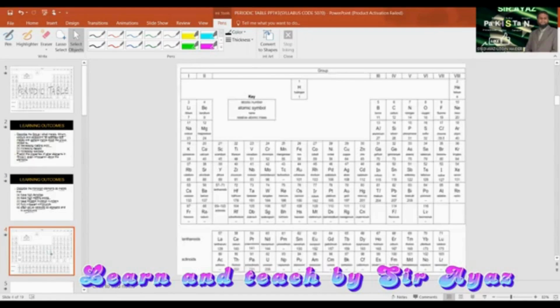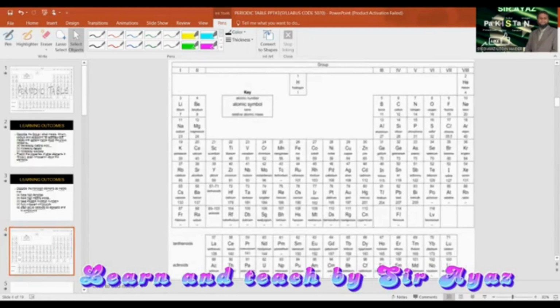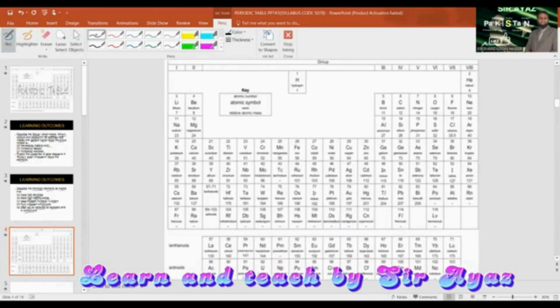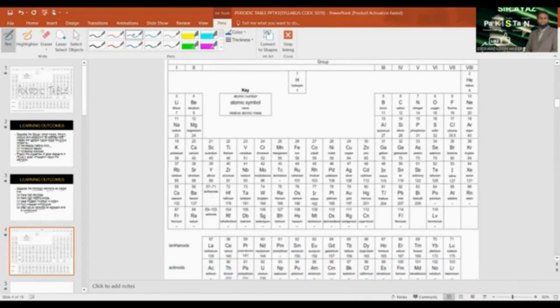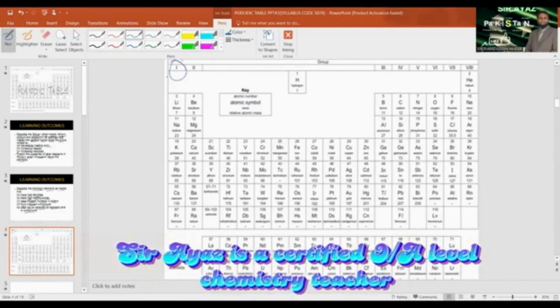So here's the periodic table. On the left hand side of the periodic table, you see group 1. These are the alkali metals. We have lithium, sodium, potassium, rubidium, cesium, and francium.